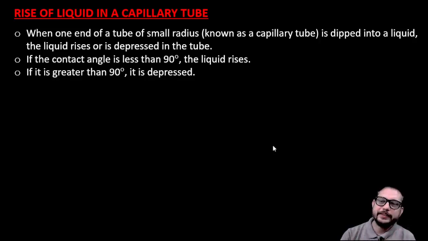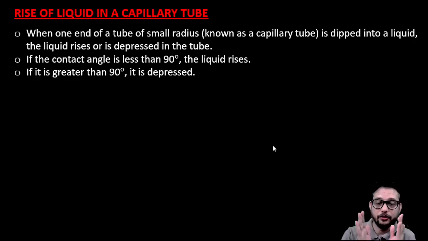Okay, so in this chapter, we will discuss the rise of liquid in a capillary tube. Firstly, we have to know what a capillary tube is. Then we need to know how it is possible that the liquid rises up or depresses in the capillary tube.